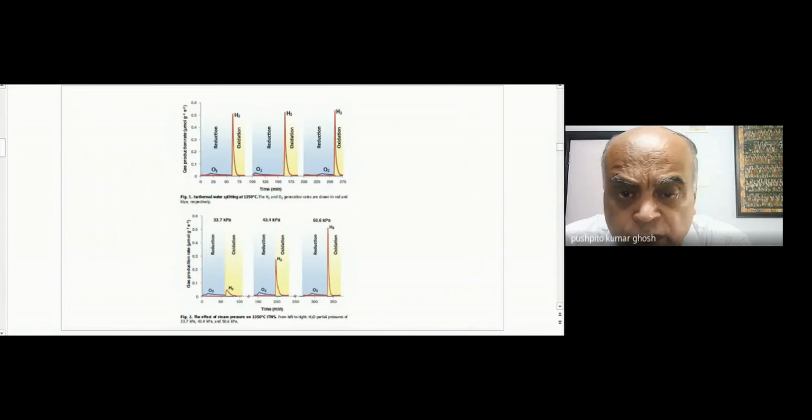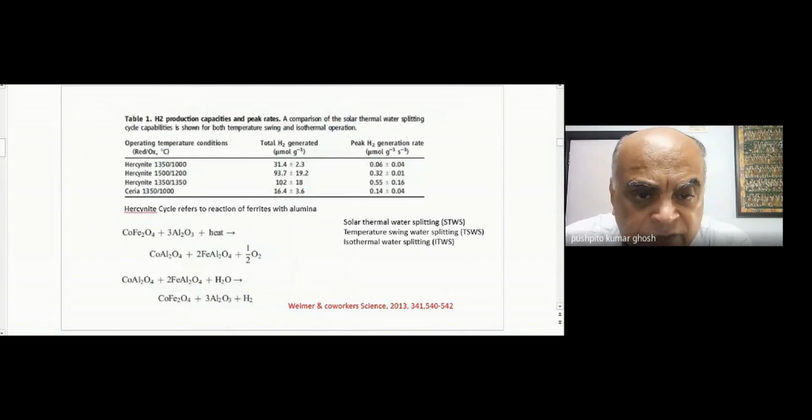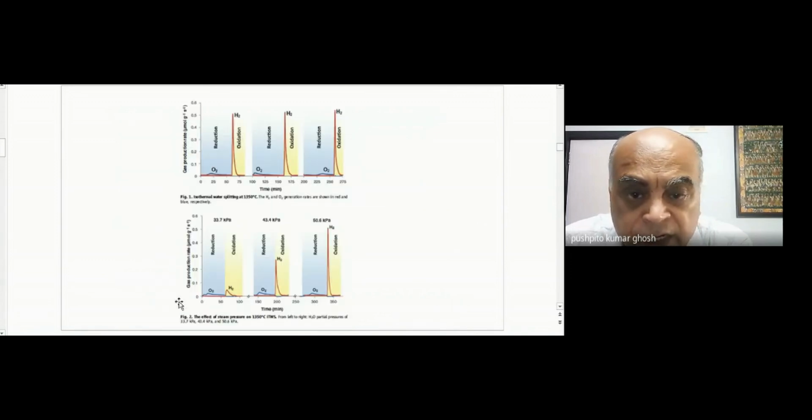And just to show you the importance of water, in the second cycle, that is this part, when they're putting water, depending on how much water you are putting in, okay, you're pressurizing the system. It is not under ambient pressure. So you have to put water in, and so that's the pressure swing. Okay.